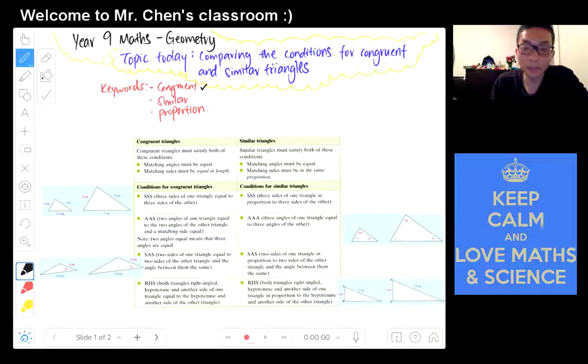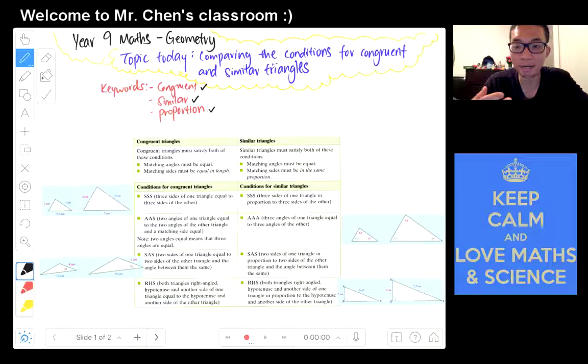Okay, so there are three keywords. Keyword number one is congruence, followed by similar, and then proportion. Congruence means if you have two figures, you want the two figures to be exactly the same. Similar doesn't have to be the same, because similar means the other figure has been enlarged or reduced.